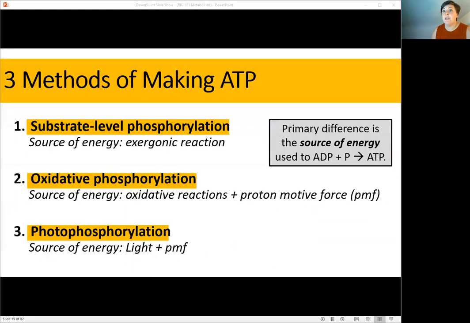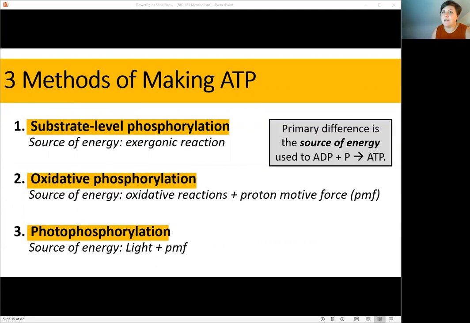There are three primary mechanisms of generating ATP in a cell. These are primarily distinguished based on where the energy that we are investing in the bond between ADP and the third phosphate is coming from. The first method is substrate level phosphorylation, or SLP. In this method of ATP generation, the energy is gained from an exergonic reaction.